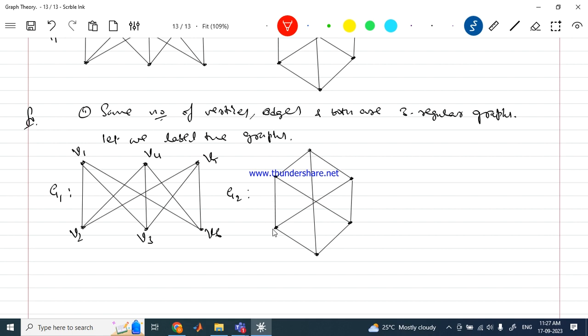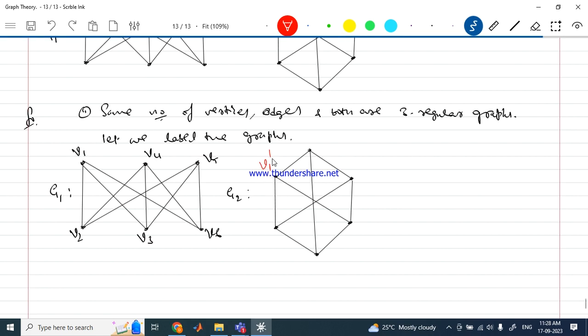There is no restriction; you can start from any arbitrary vertex. I will start with this one. Let me assume this is my V1 dash. V1 dash is the image of V1. I will keep that in mind when defining the function. To keep the labeling simple, I'm using a dash instead of different symbols.